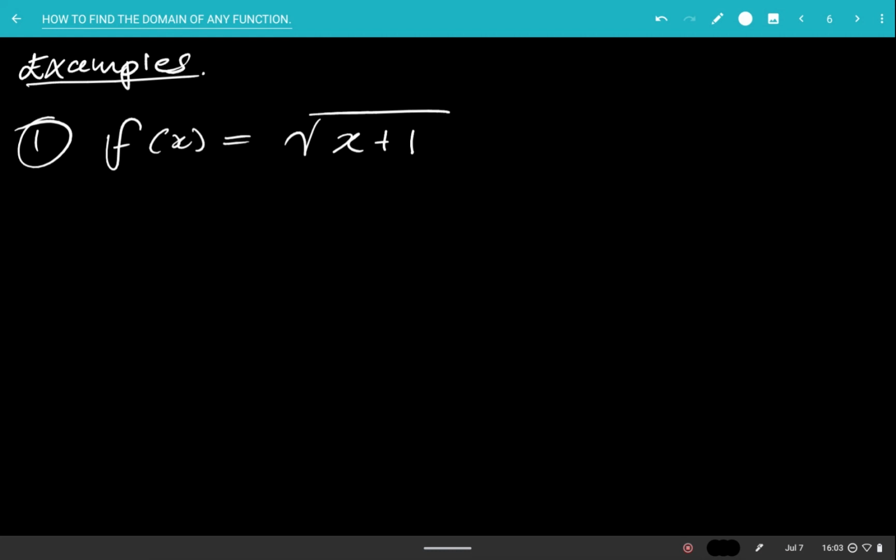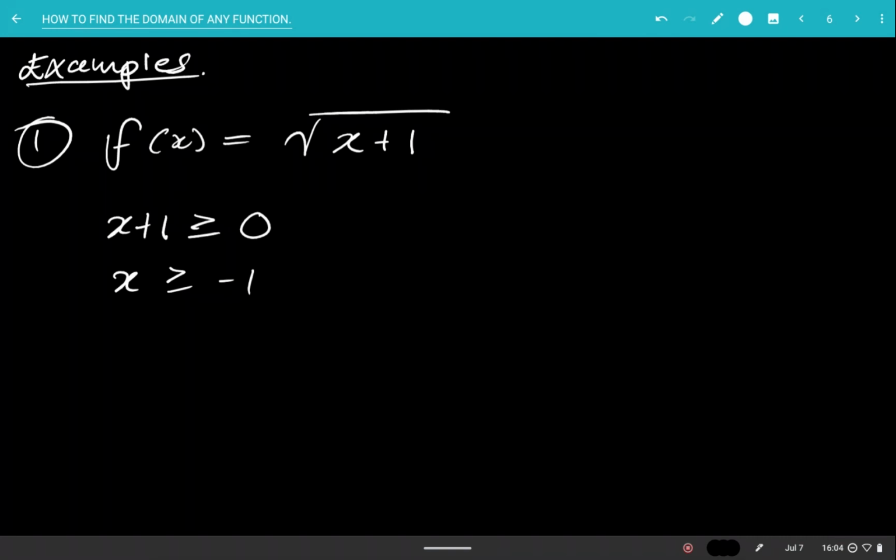Using the inequality, before I even use the notations, let's set the radicand to be greater than or equal to 0. My radicand is x plus 1. This should be greater than or equal to what? 0. I will solve for x because this is an inequation. You find that x will be greater than or equal to minus what? 1.